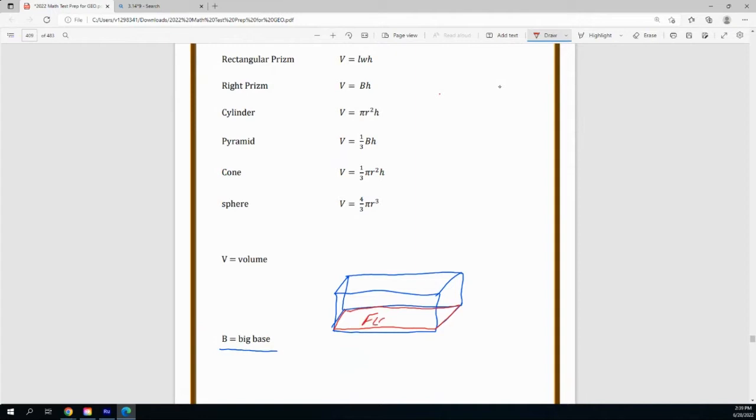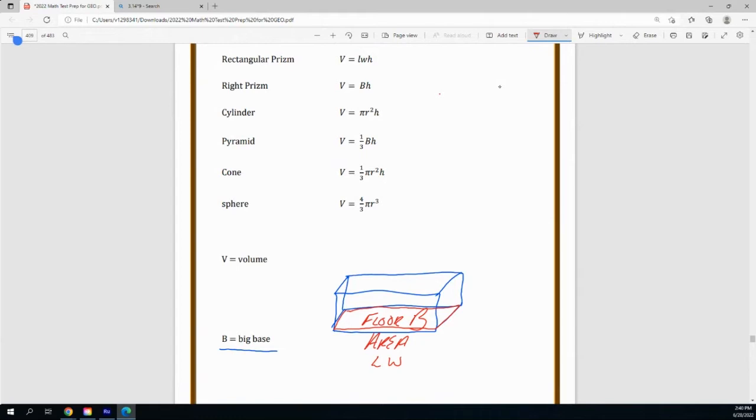This is the floor of the shape. They use the word big B. So what big B means is what is the area of that floor. So in order to do the area of this floor, you need the length of the bottom, and you're going to multiply that times the width.